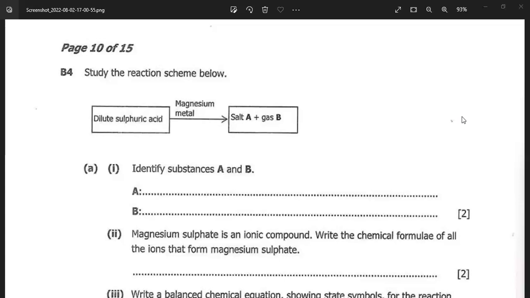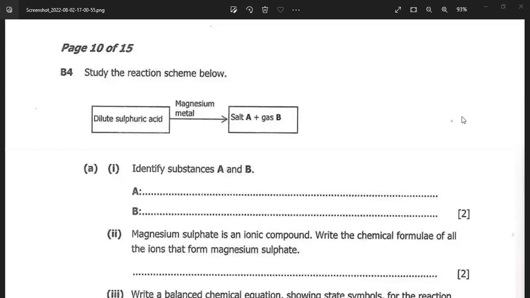So number one, when an acid reacts with a metal, what is formed is a salt plus hydrogen gas. So therefore, the gas B there is hydrogen.